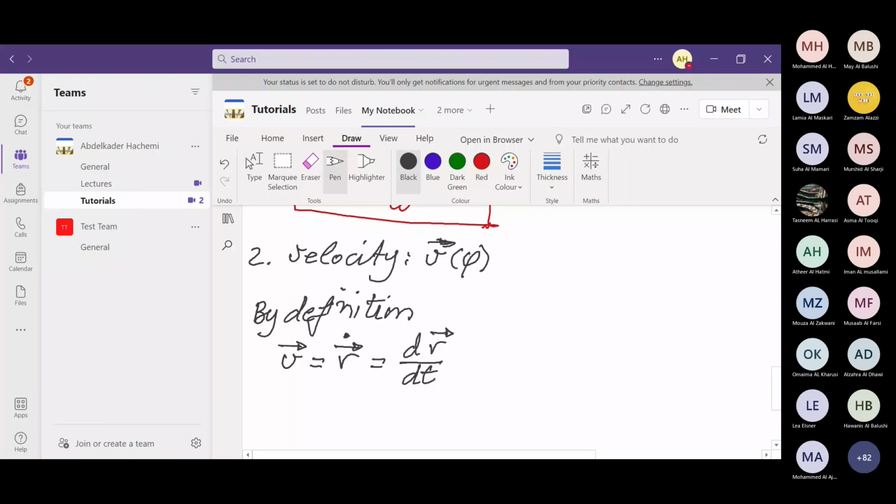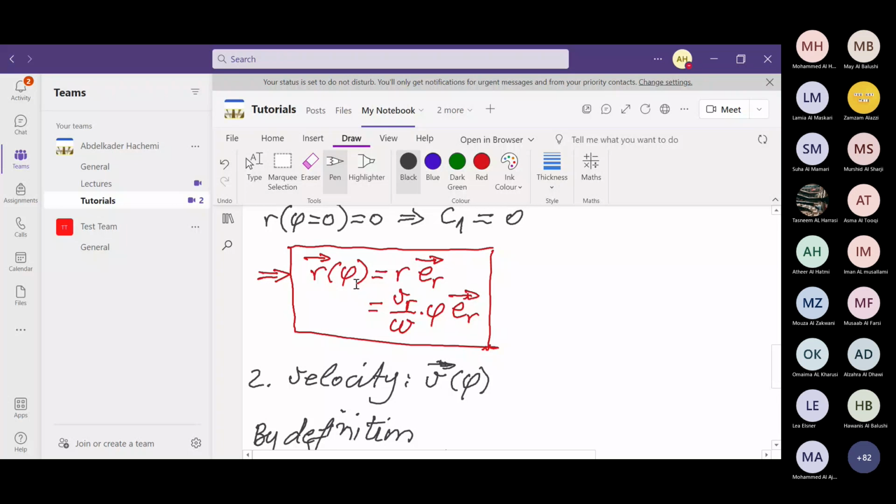Now, if we look at the vector r, we have here r of phi, it's only Vr divided by omega multiplied by phi with the basis vector ER.